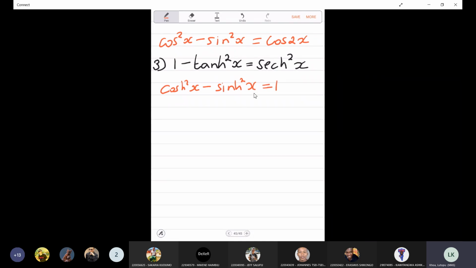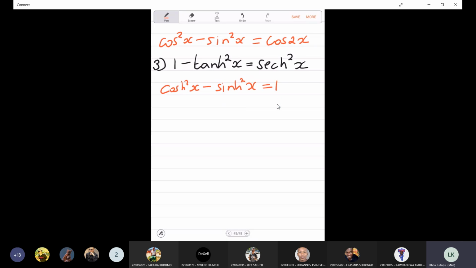Okay, so this one in black, I get it from that one. Just like with trigonometry, we would divide by cos on both sides. So here you can see if I divide by the hyperbolic cos, I get 1. And then sine hyperbolic divided by cos hyperbolic is tan.